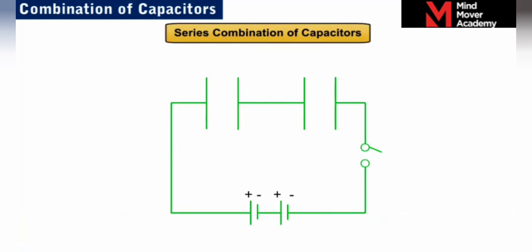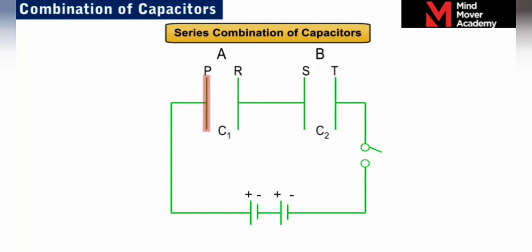Consider two parallel plate capacitors A and B. The plates of A are labeled P and R, whereas the plates of B are labeled S and T. Let the capacitance of A be C1 and that of B be C2.